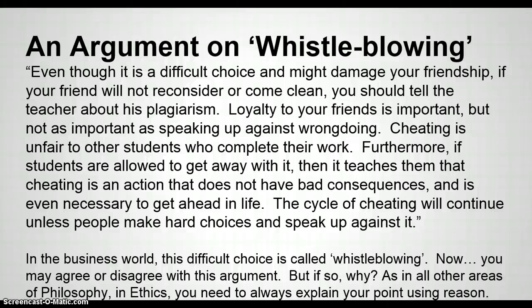Furthermore, if students are allowed to get away with it, then it teaches them that cheating is an action that does not have bad consequences and is even necessary to get ahead in life. The cycle of cheating will continue unless people make hard choices and speak up against it. In the business world, this is called whistleblowing. Now, you may agree or disagree with this argument, but if so, why? As in all areas of philosophy and ethics, you always need to explain your point using reason.